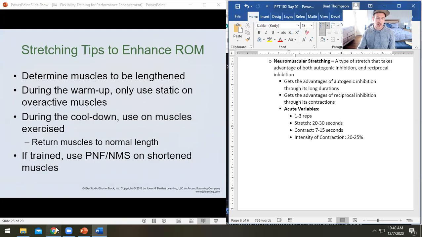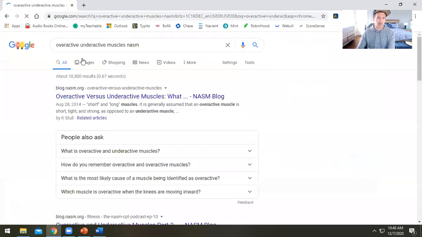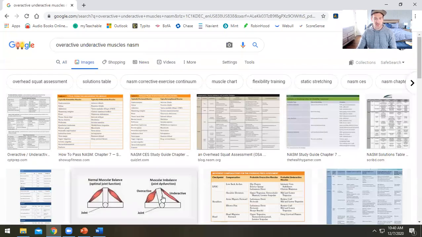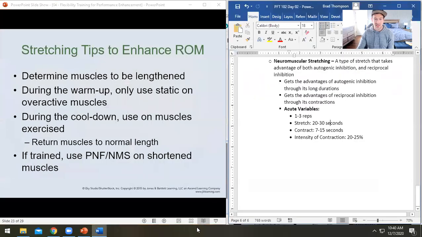So when we look at an overactive, underactive muscle imbalance, if I loosen this up, I need to pull this back the other way. I need to loosen on one side and strengthen on the other. Otherwise, I'm really not addressing both sides of the problem. It's like I untied the knot in my shoelace that was screwed up, but I didn't retie it the way it's supposed to be. And so it may just flop right back into that bad position.